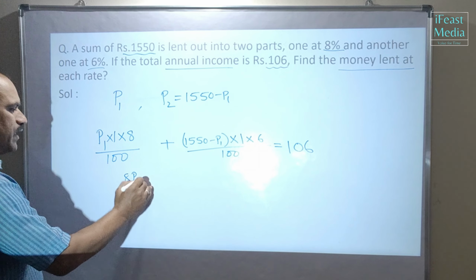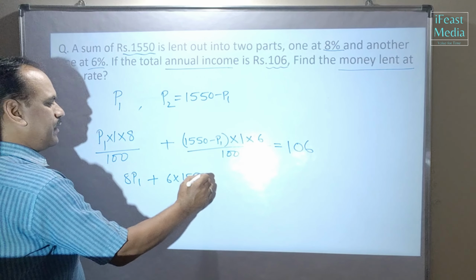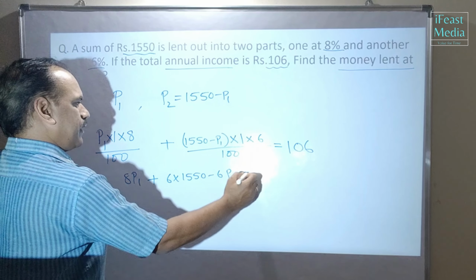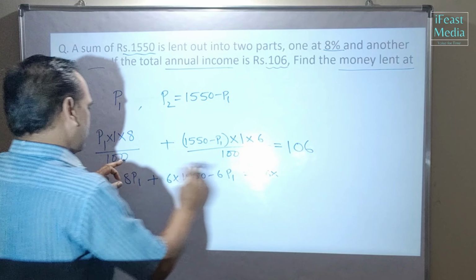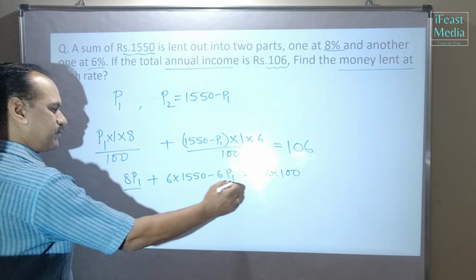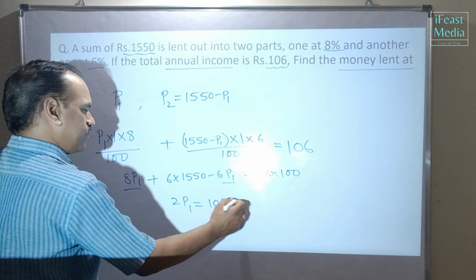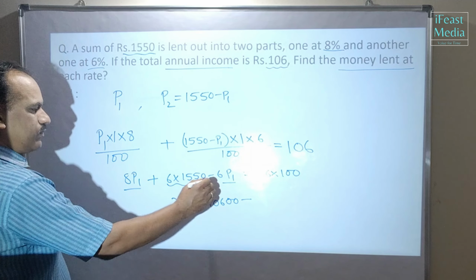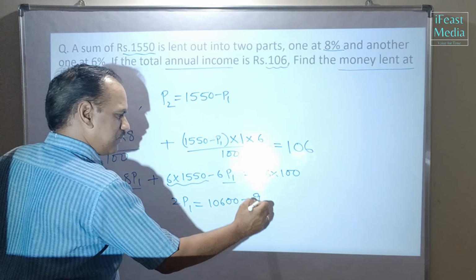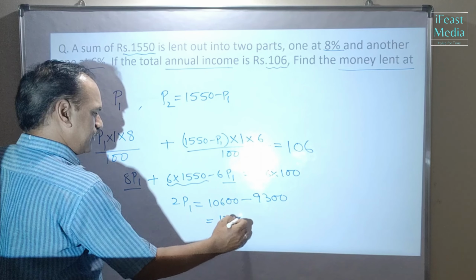So 8P1 plus 6 into (1550 minus P1), that is 6 into 1550 minus 6P1, equal to 106 into 100. So 8P1 minus 6P1, 2P1, equal to 10600 minus 6 into 1550, which is 9300. So it is 1300.